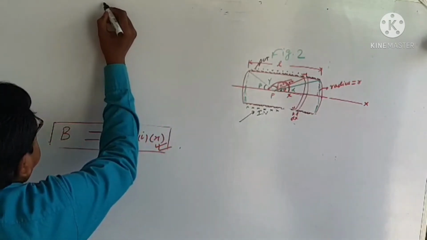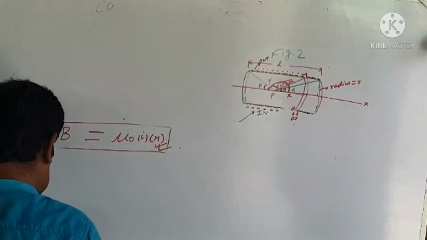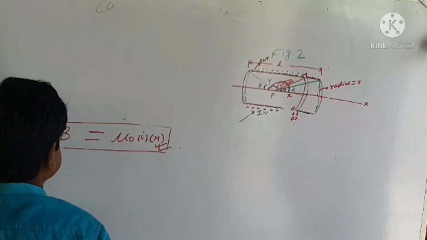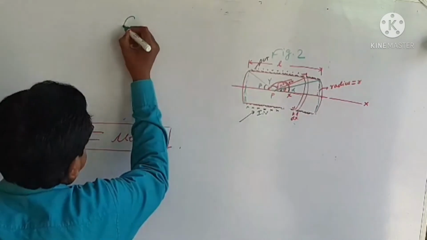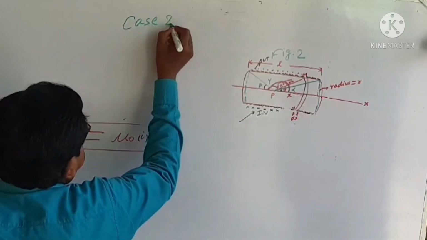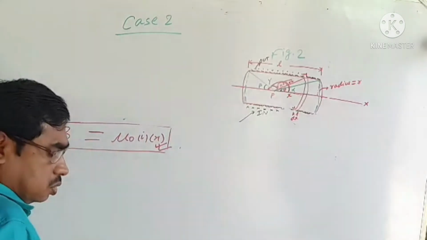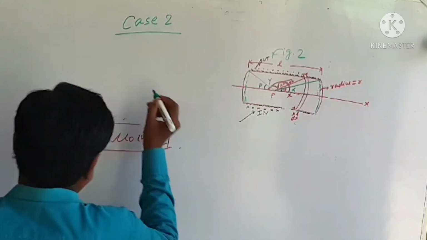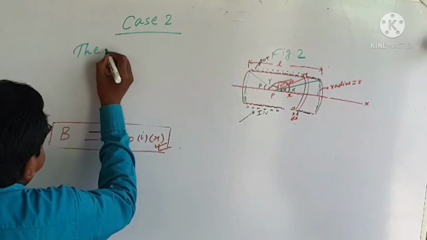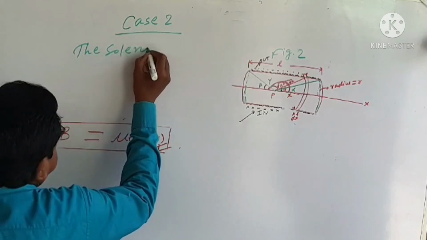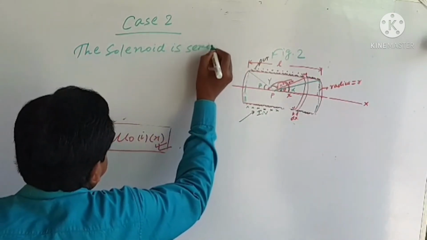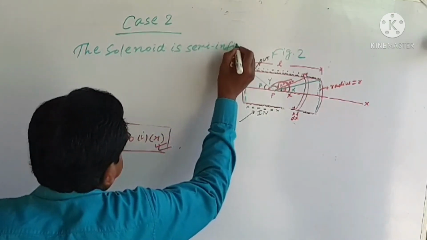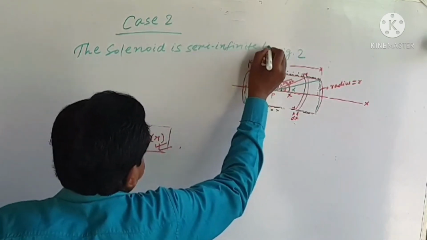There is another case too. Here we suppose that the solenoid is of semi-infinite length.